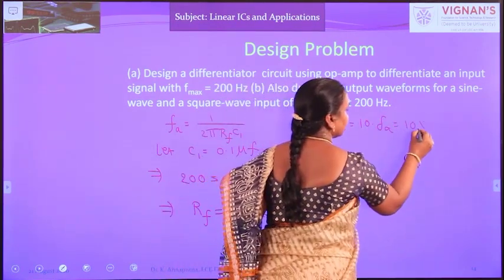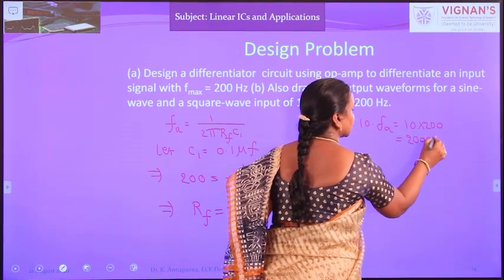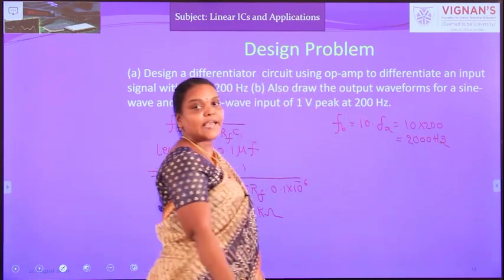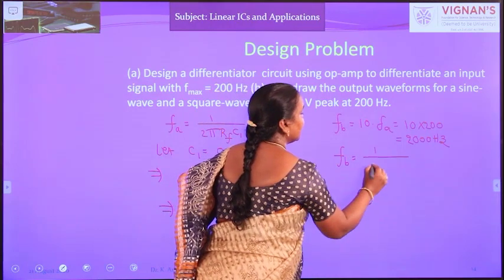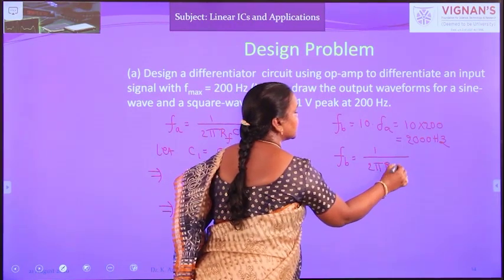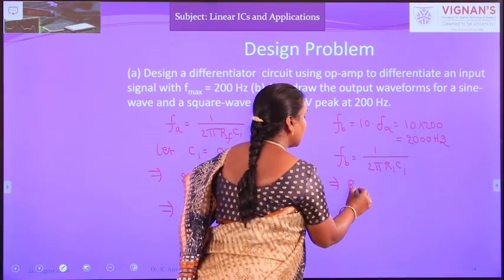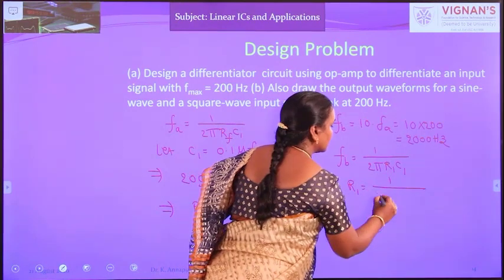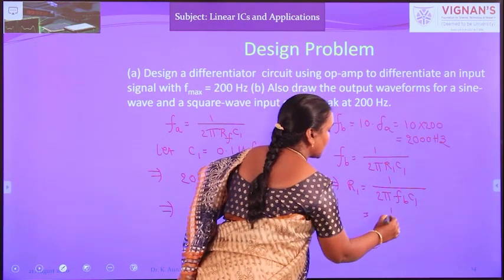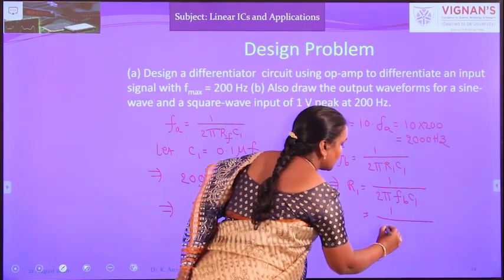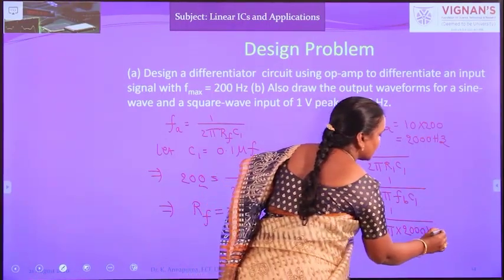It is 200. So now FB becomes 2000 Hz. And what is the FB formula? FB is equal to 1 by 2 pi R1 C1. Okay. So from this, what is R1? 1 by 2 pi FB C1. So 1 by 2 pi into 2000 into 0.1 micro.